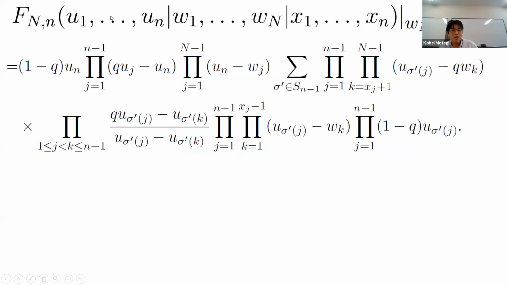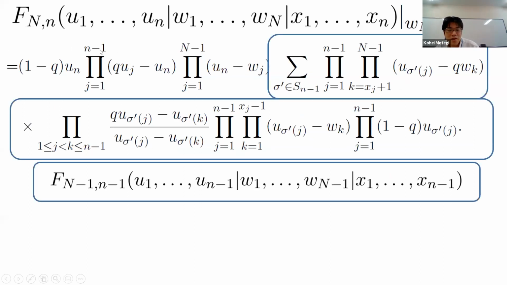Okay. And then you can see that this part is actually the multivariable polynomial, which is labeled by large n minus 1 and small n minus 1 instead of large n and small n.